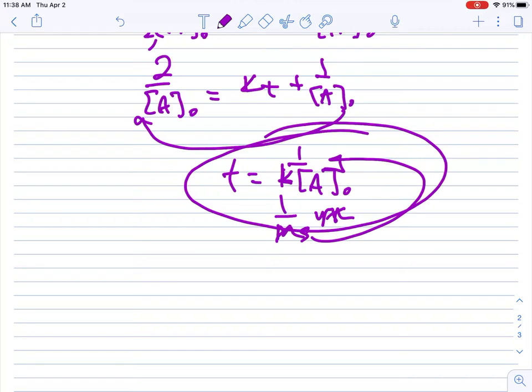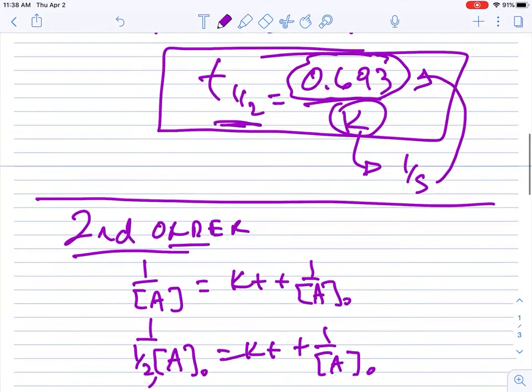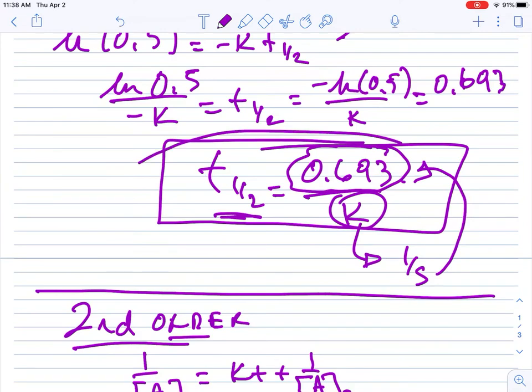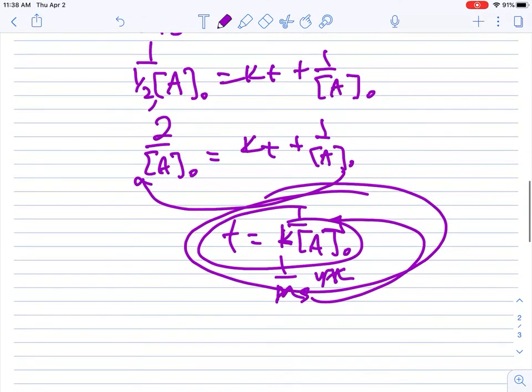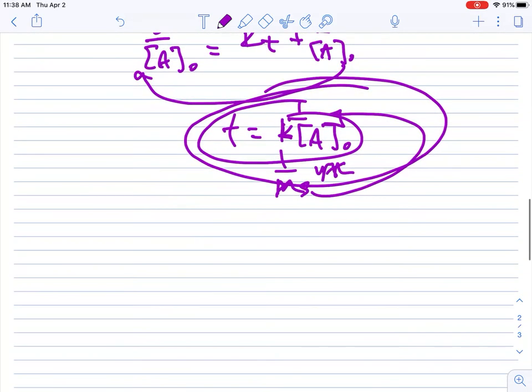So here's what's important. Notice this one is also dependent upon the initial concentration A0. This is what makes first order reactions so unique, because they are the only ones that aren't dependent upon the initial concentration.